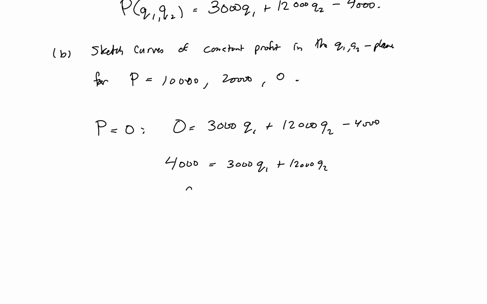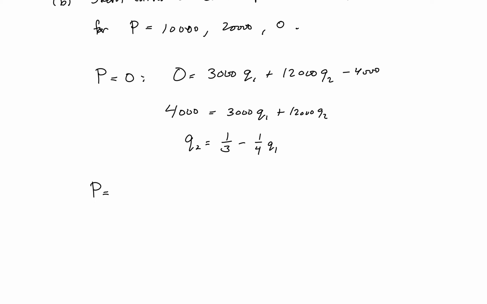And since we're going to graph this in the Q1, Q2 plane, and this is a line, let's put it in a form we're familiar with. Solving for Q2, I'm going to get 4,000 divided by 12,000, which is 1/3, minus 1/4 Q1. So that is the line that gives me a break-even point. If I do 10,000, I do the same setup: 10,000 equals 3,000 Q1 plus 12,000 Q2 minus 4,000.